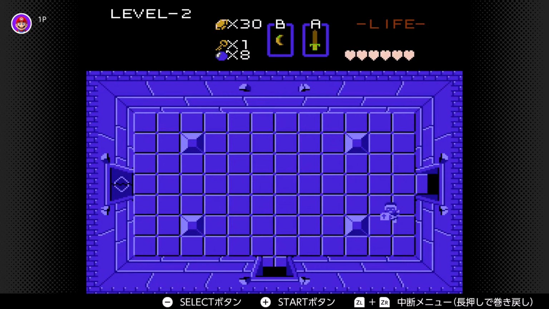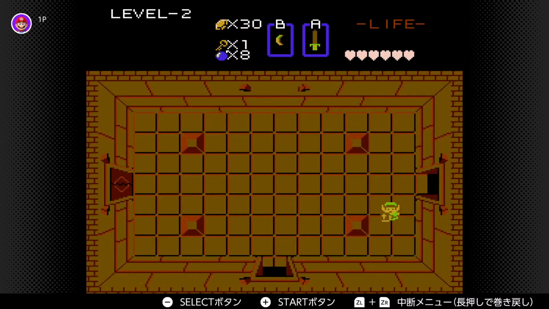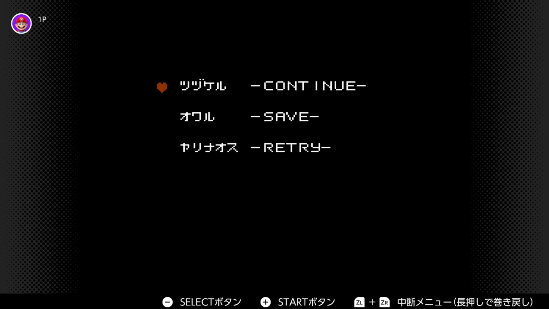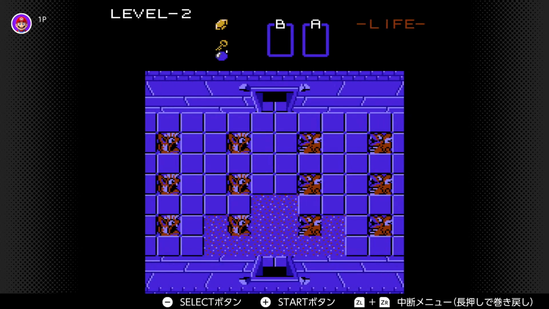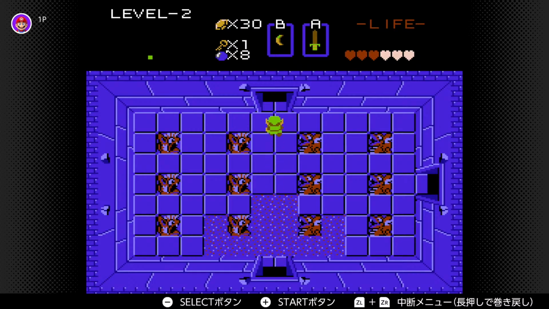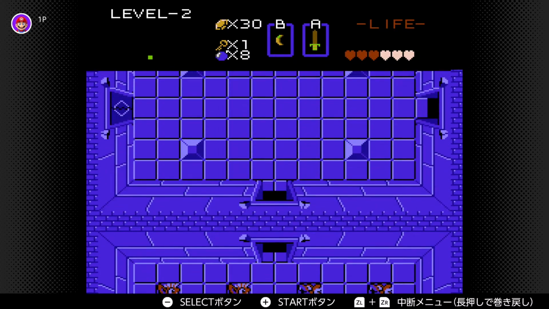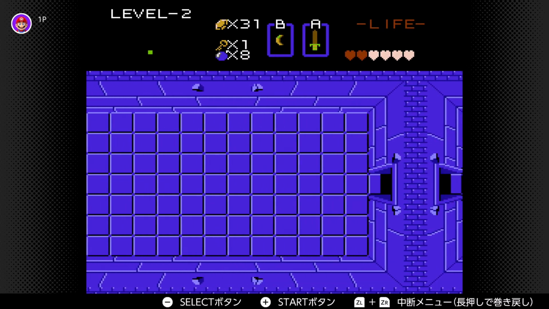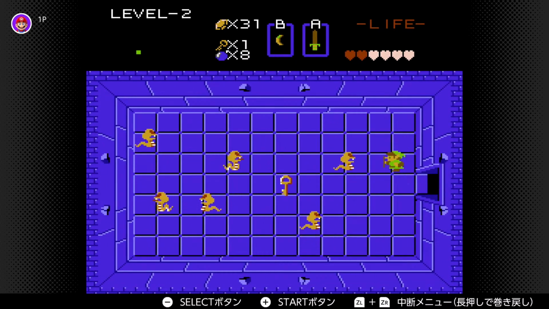Okay, there's of course I died. Too low on health. So this time let's go up. If I defeat these enemies, I should open the door. Or at most move a block, but not in this case. So we can see what's inside here. Another key, nice.